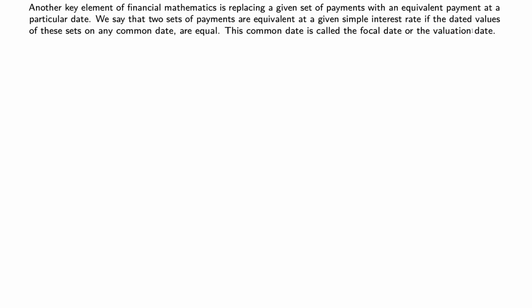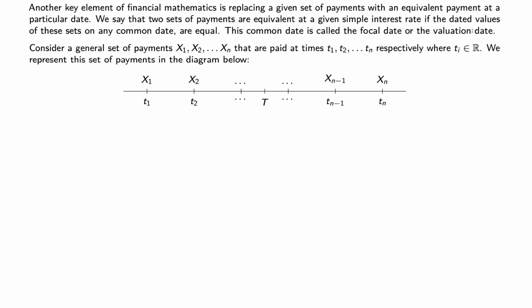So here's a linguistic definition of what equivalent sets of payments are, but for the purposes of demonstration, I'm going to try to formalize this with some mathematical notation. Say we have payments x1, x2, up to xn.